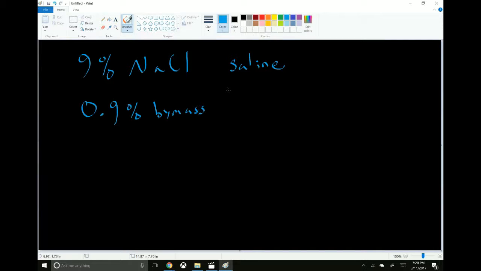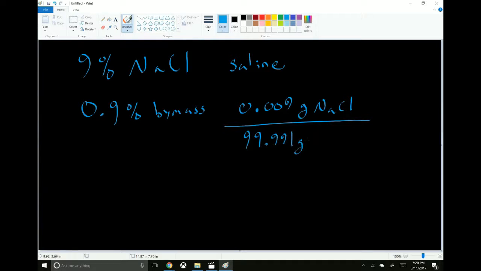So 0.9% means 0.009 grams of NaCl over 99.991 grams H2O plus 0.009 grams NaCl.